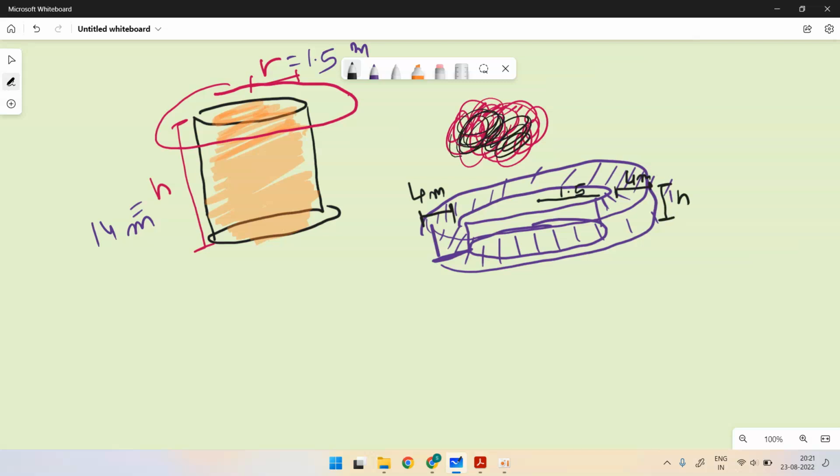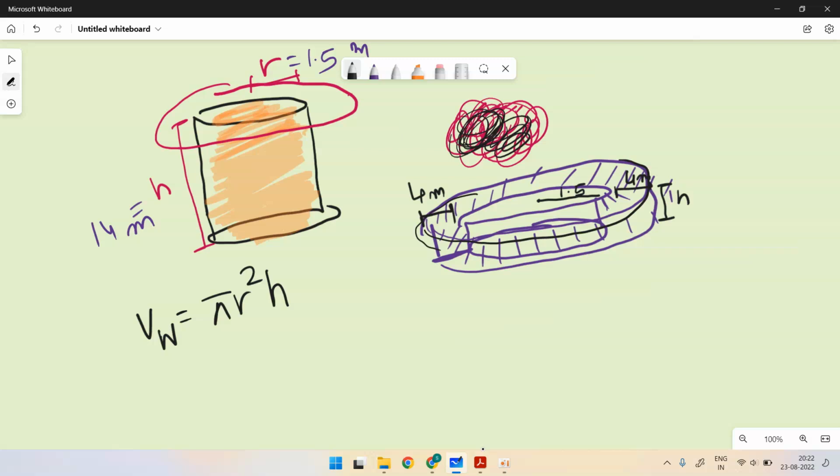Now see, the volume of sand you can extract from this well will be the volume of the well itself. What is volume of well? Apply the formula pi r square h. Now this will be equal to the volume of this embankment. How will you calculate the volume of this?